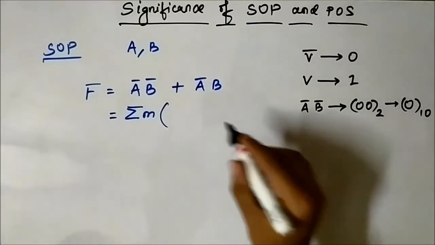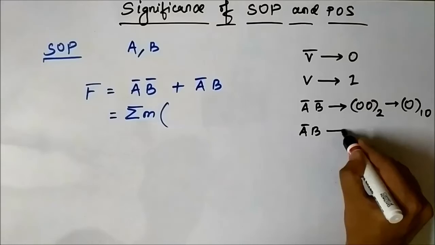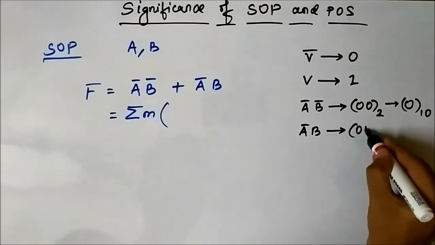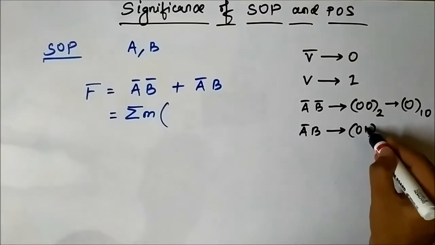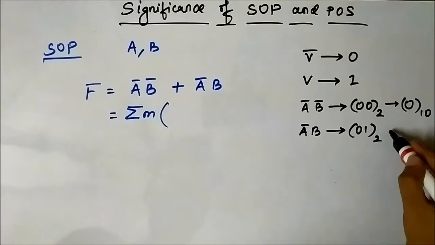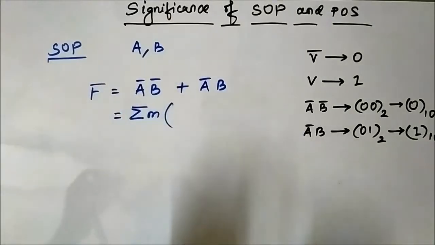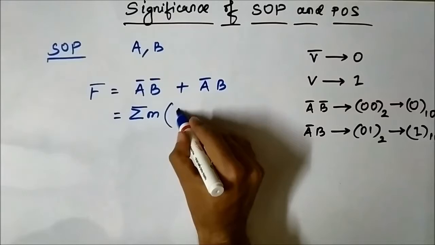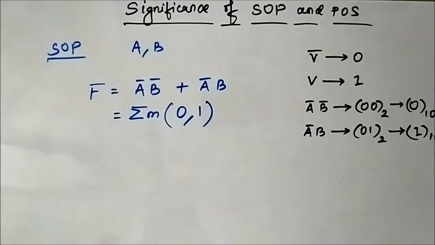Similarly, A bar B represents 01. A is complemented, that's why it's 0, B is uncomplemented, so it is 1. In decimal it is 1. So the min terms are 0 and 1. This is the SOP expression.